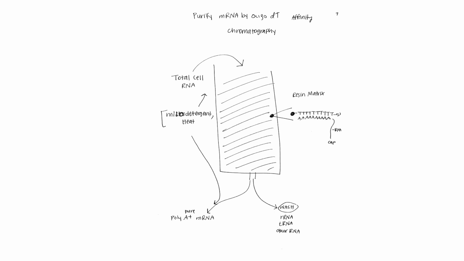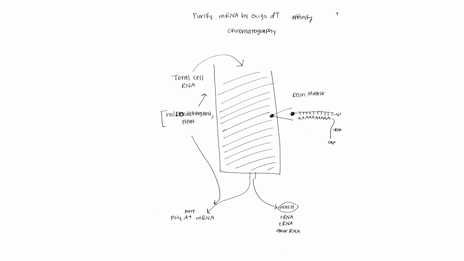At that point, you switch the buffer, and you can add a mild detergent, which will break the base pairs because they're not real strong base pairs, or you can increase the heat, to even probably 50, 55 degrees, which will cause the A's and T's to come apart because there are only two hydrogen bonds, they're not as strong.